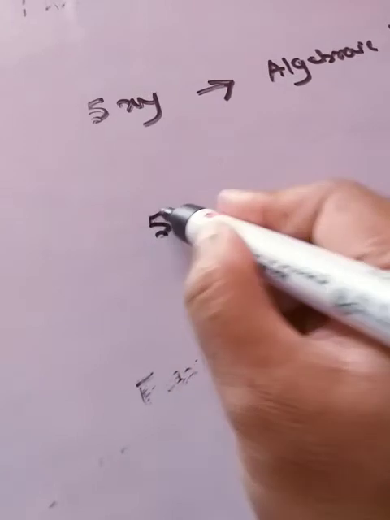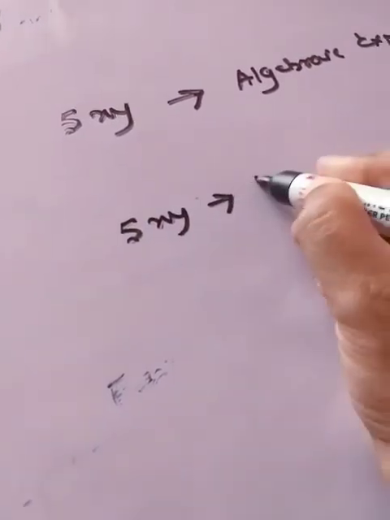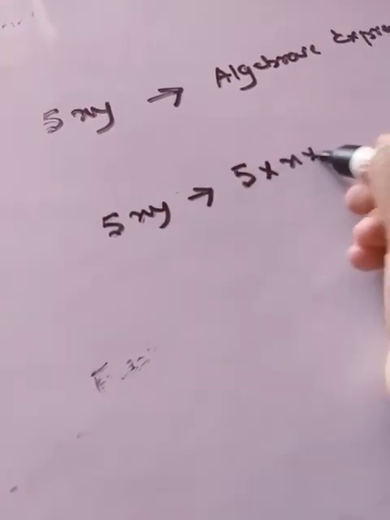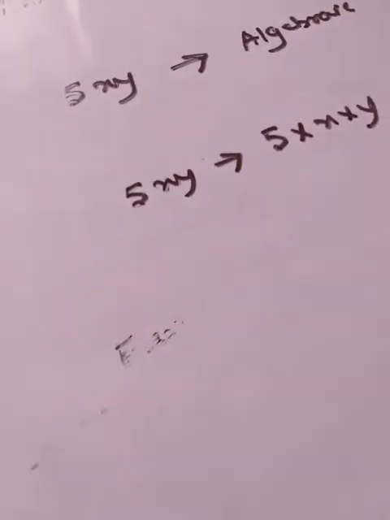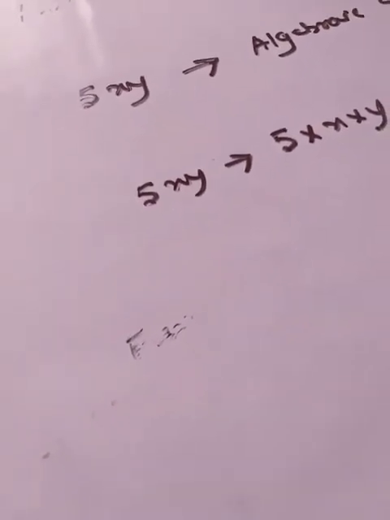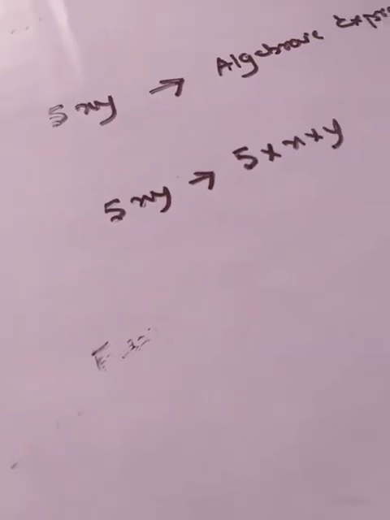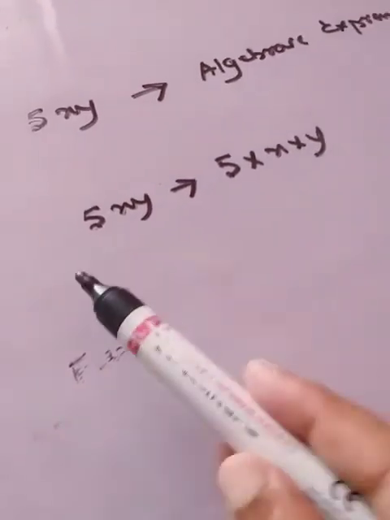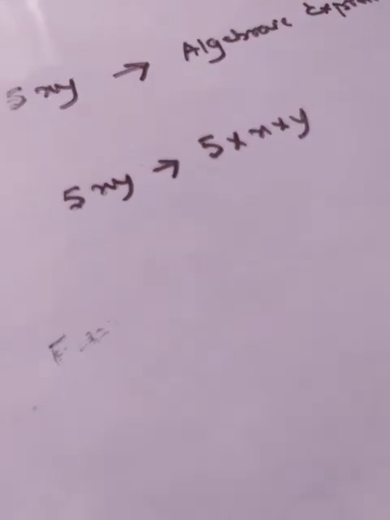So 5xy can be written as 5 into x into y. So 5, x and y are all the prime factors of 5xy.